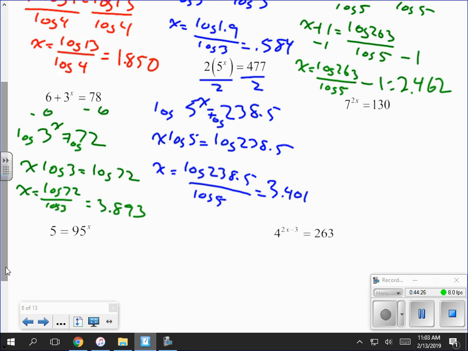Next one's actually a little easier in some ways. First step, take the log of both sides. It's already 7 to some power. So you take the log of both sides, and I bring the 2x out in front. I get 2x log 7 equals the log of 130. It's all multiplication: 2 and log 7 times x. Divide both sides by 2 log 7.